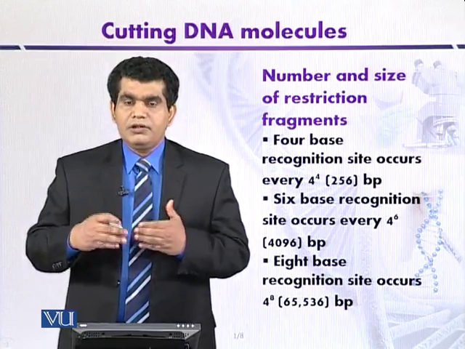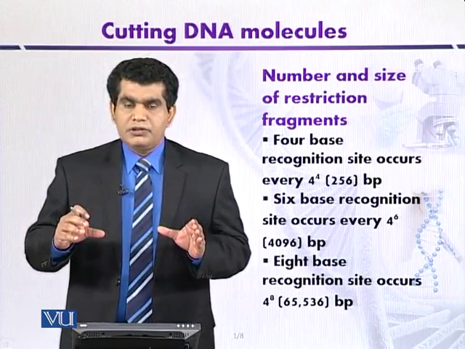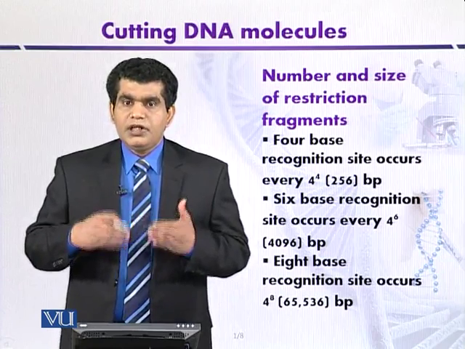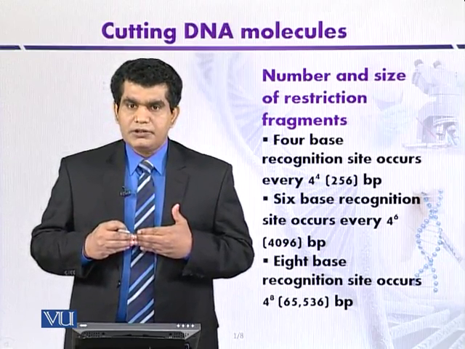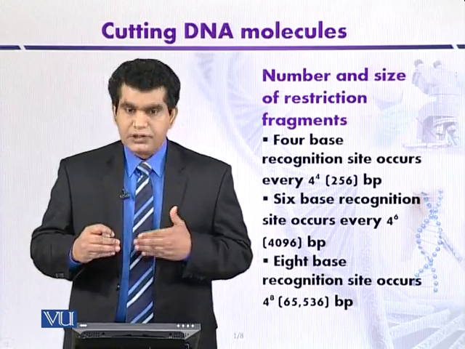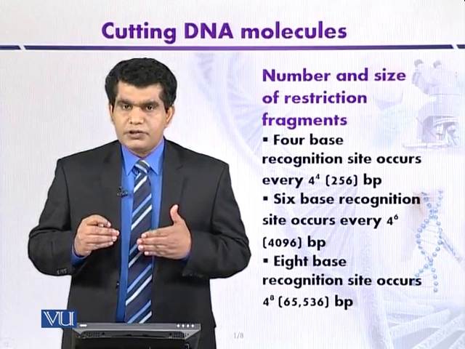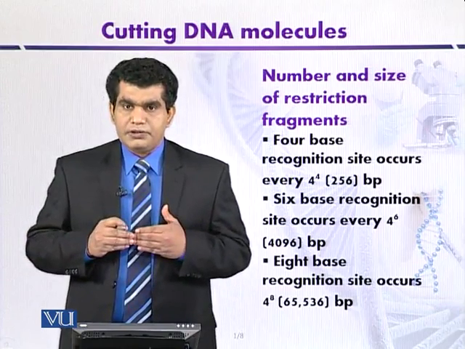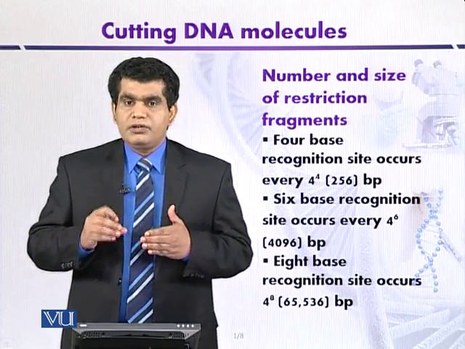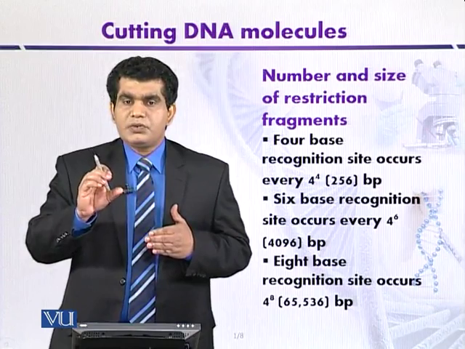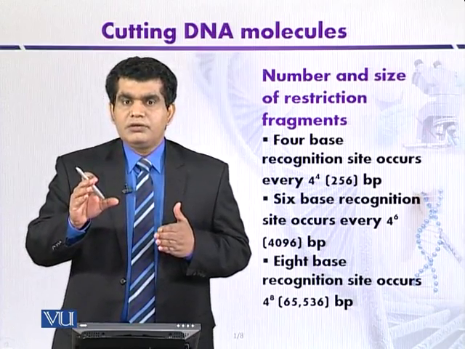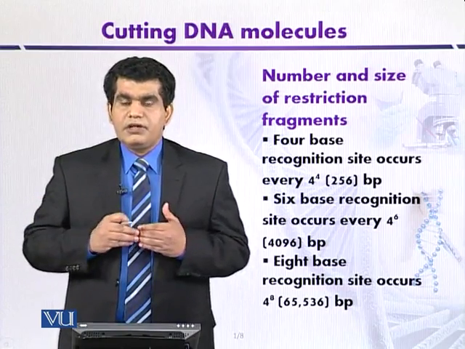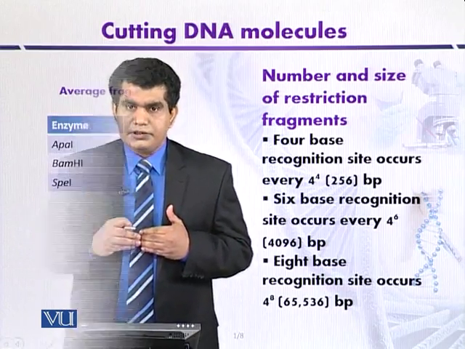And similarly, if the target sequence is composed of 8 base pairs, then we can assume that it will be repeated after every 65,536 base pairs. So if the length of the target sequence is higher, then more lengthy DNA fragments will be generated.